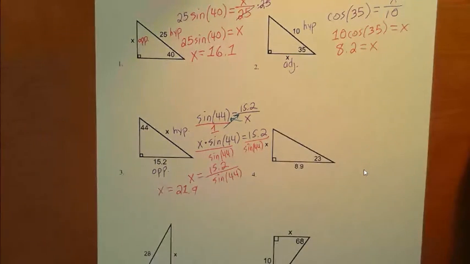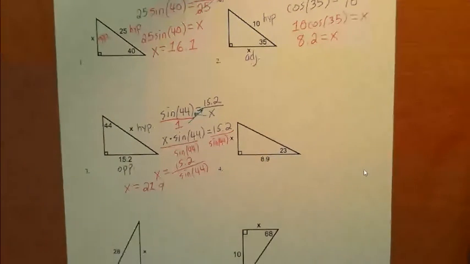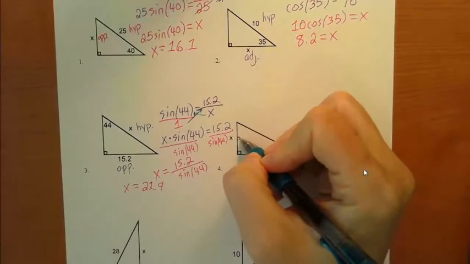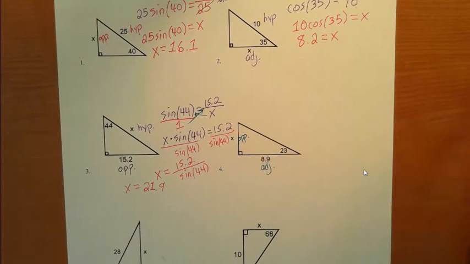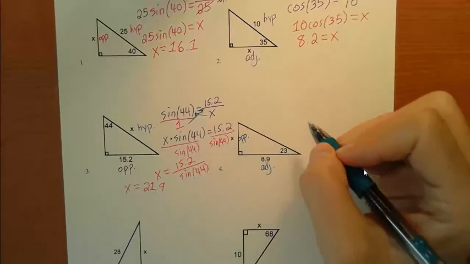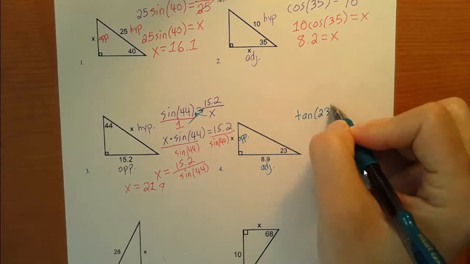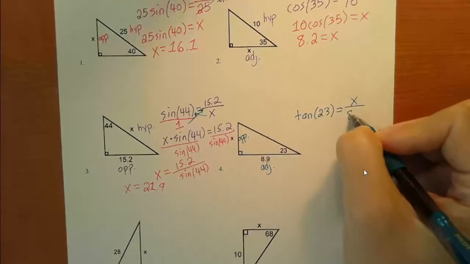Now to number 4. So if we have this new problem, we have 23 as our angle, and x is our opposite side, 8.9 is our adjacent side. So we have both of those together, which means we're going to be using tangent. So I'm going to have the tangent of 23 equal to opposite over adjacent.